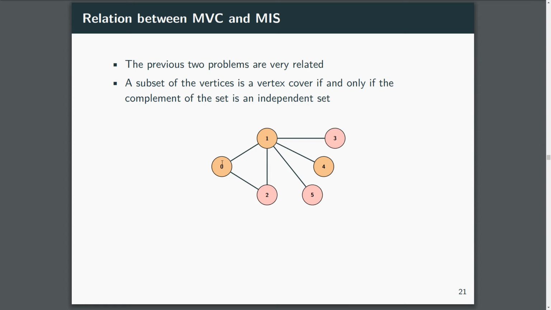And then 0, 1, 4 is the vertex cover. Here we have the independent set 0, 3, 4, 5. And 1, 2 is the vertex cover. But not necessarily a minimum vertex cover. A maximum independent set corresponds to the minimum vertex cover.